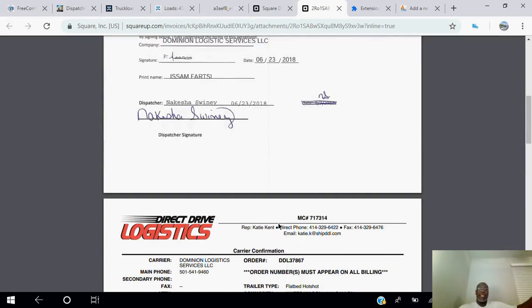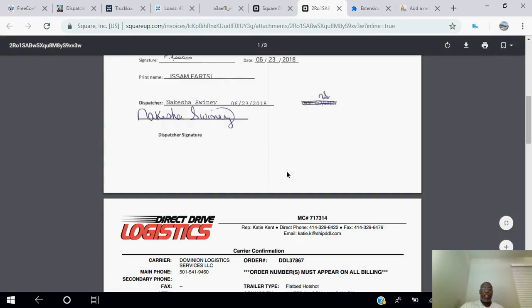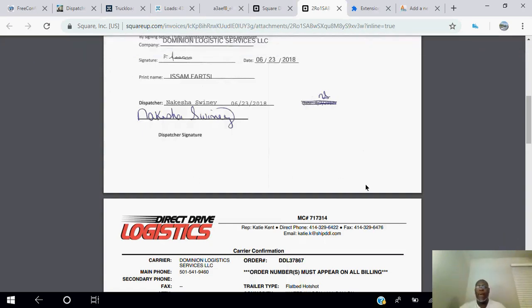If I were you all, create a file underneath your carrier's name to put all their confirmation sheets and all their BOLs under their name. So when you get ready to go back and pull them up to attach them to your invoices, you just go to your file, pull up that carrier's name, and go down the list and find the rate sheet and the confirmation sheet or the BOL that you're looking for. Okay, I usually put them in by the date and the shipper or the date and the broker.